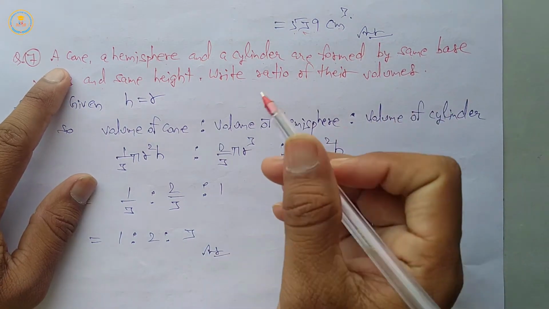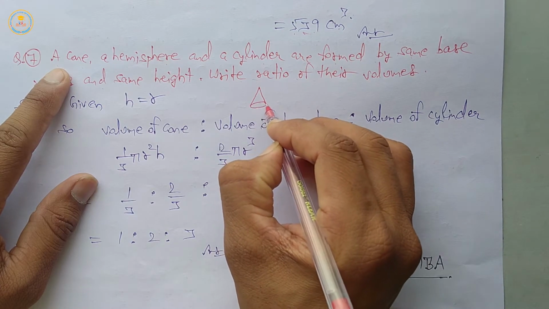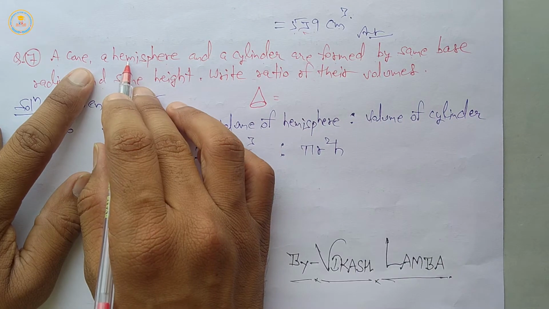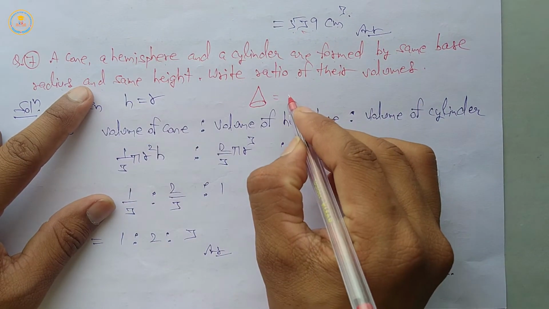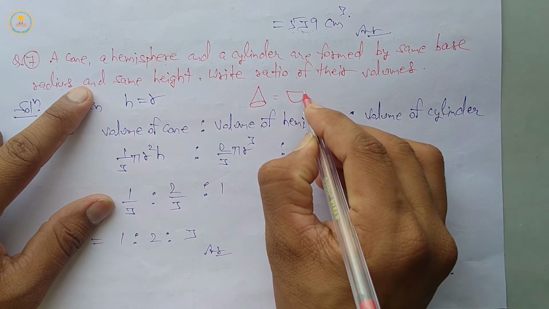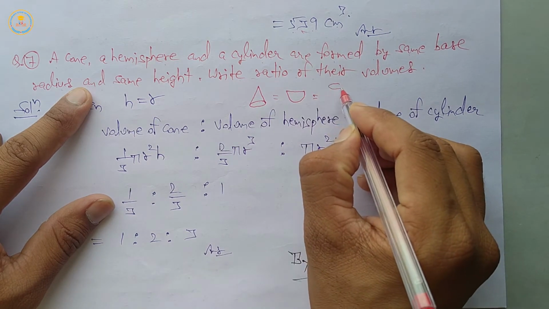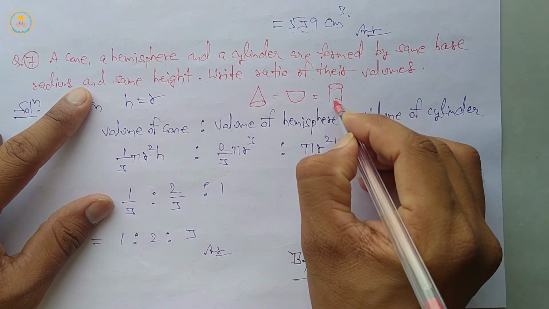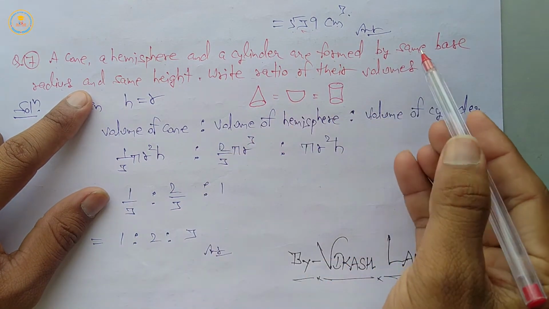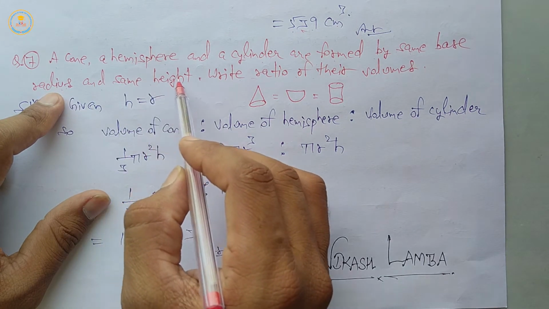Okay, cone first, cone, second hemisphere. Okay, hemisphere means this one, and a cylinder. Okay, these radius and height are equal.